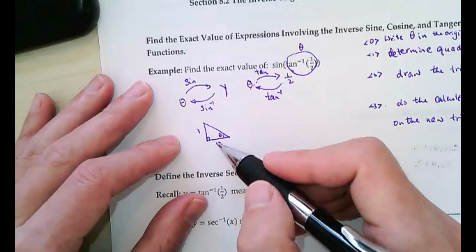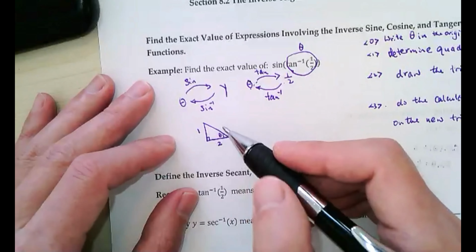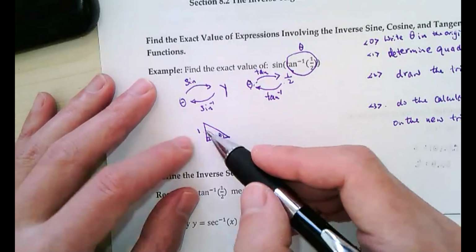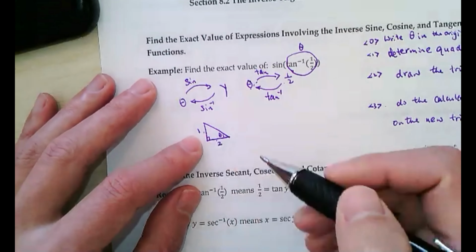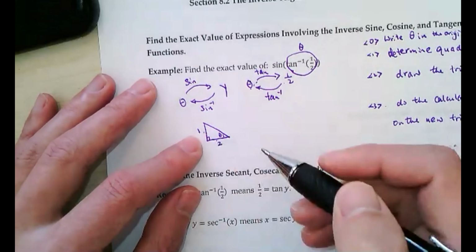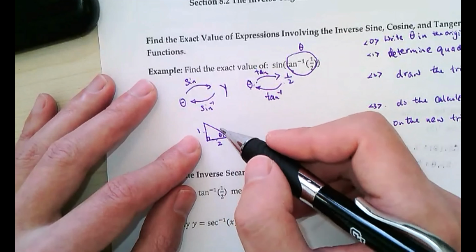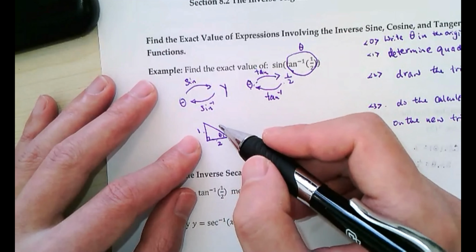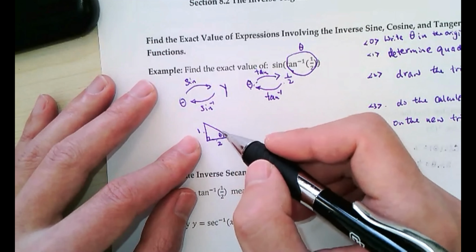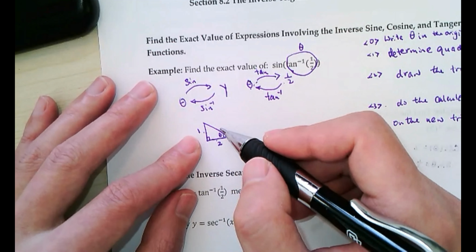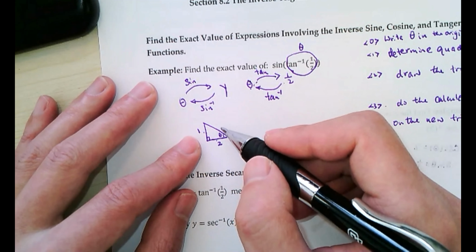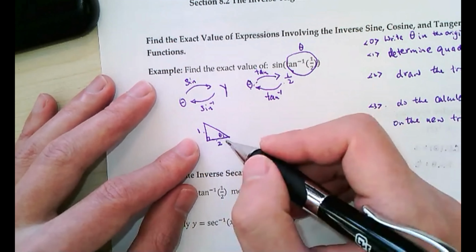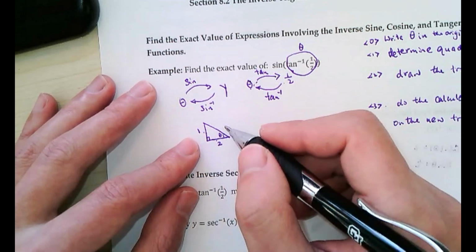Just create everything according to the proportion. Tangent theta is 1/2, so let's just say this side is 1, this side is 2. So what is this side? Can anyone tell me what this side is? I'm afraid not. Someone says 3. This side is not 3.